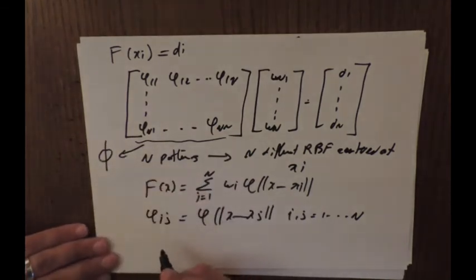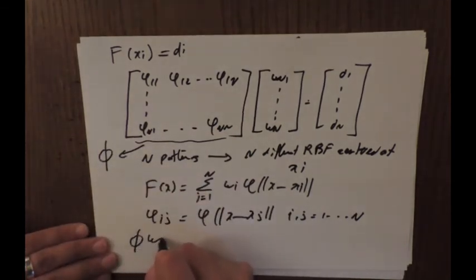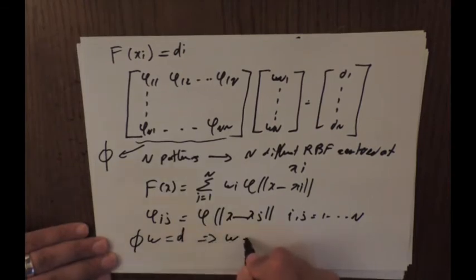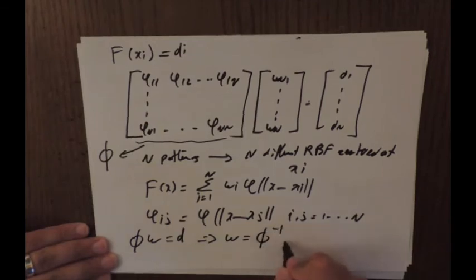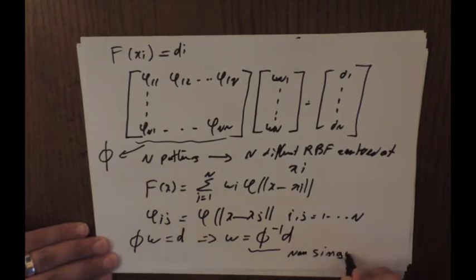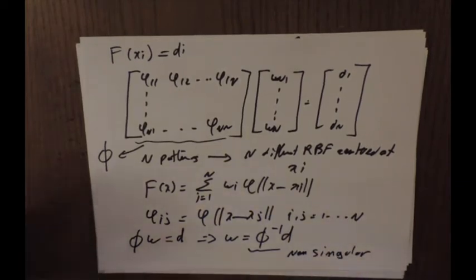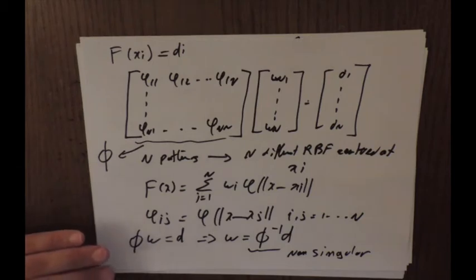So we can say that Phi w is equal to d, which implies w is equal to Phi inverse d, given that this should be non-singular so that we can find an inverse, and this will be discussed in the next lecture, next slide.